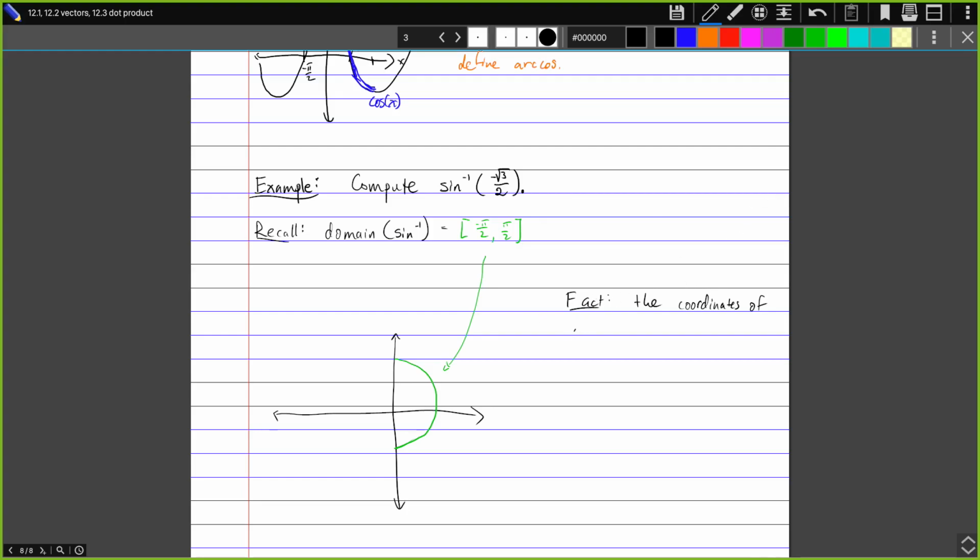The coordinates of any point on the unit circle are cosine of theta in the x-coordinate and sine of theta in the y-coordinate, where theta is the angle that the point makes with the x-axis.